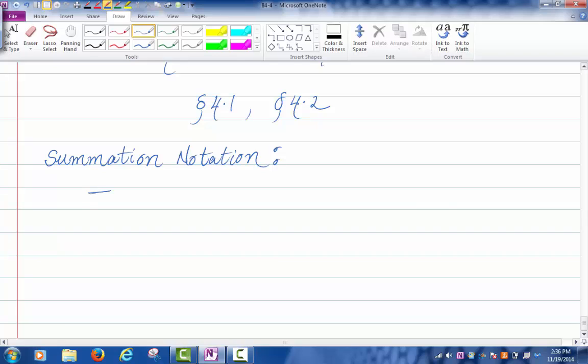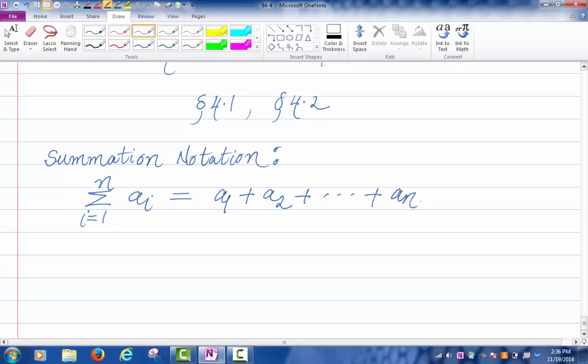So if I write sigma, this is the Greek letter sigma, and then I write i equals 1 up to n, and then a_i, this is an abbreviation of the sum a1 plus a2 plus ... plus an. Okay, so the sigma notation is used to denote sums. That is, if you have a long sum, this is an abbreviated way of expressing it.